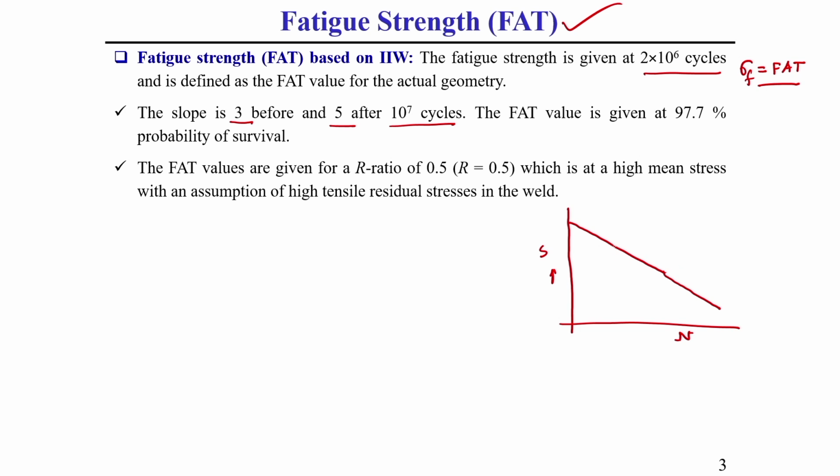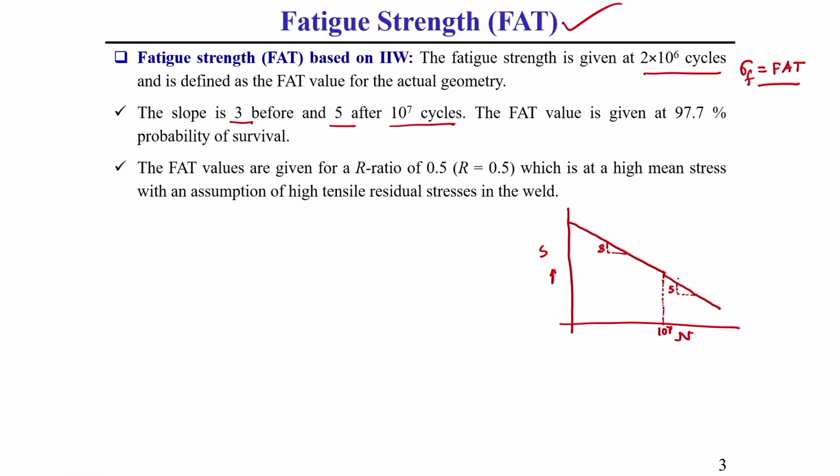So, here this slope is 3 and here the slope is 5. So, this is 3 and this is 5, this you should keep in mind. The number of cycles where the slope changes is 10 to the power 7 cycles.